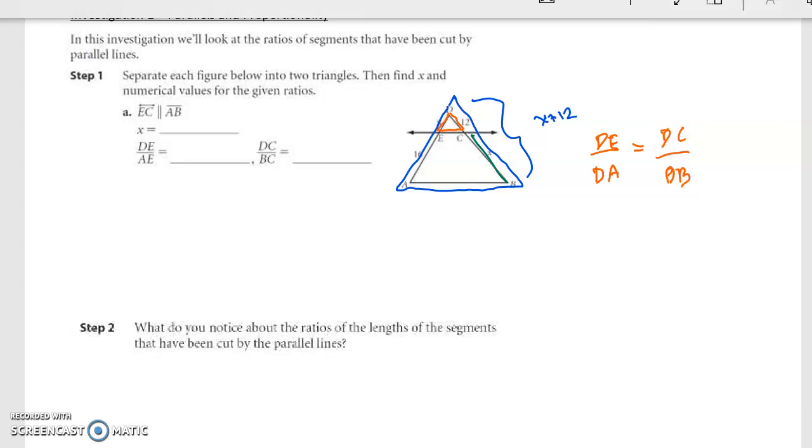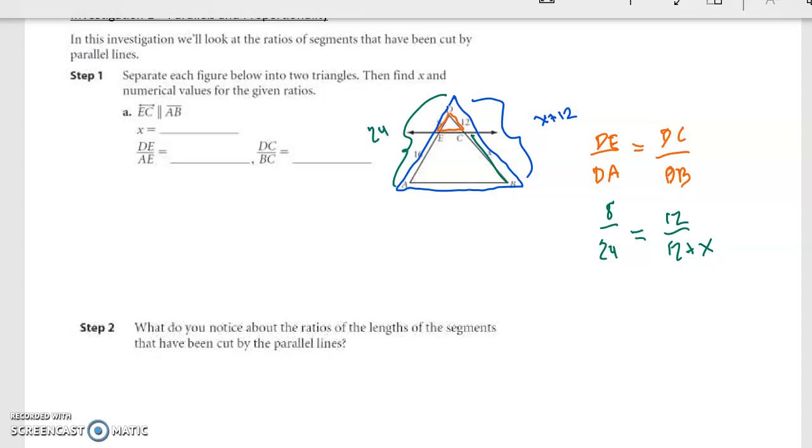Substituting in my numbers, 8 over, and again, to find segment DA, I have to add those together. 16 plus 8 is 24. Is 12 over 12 plus X. So to solve this, I go ahead and cross multiply and distribute.